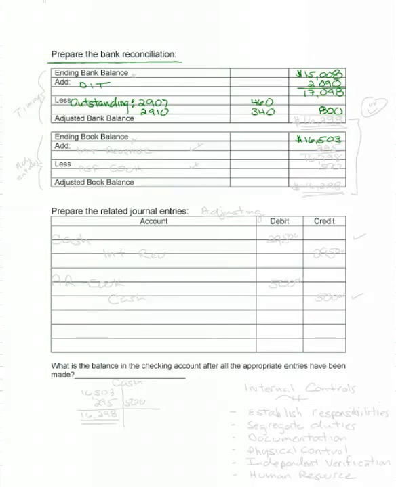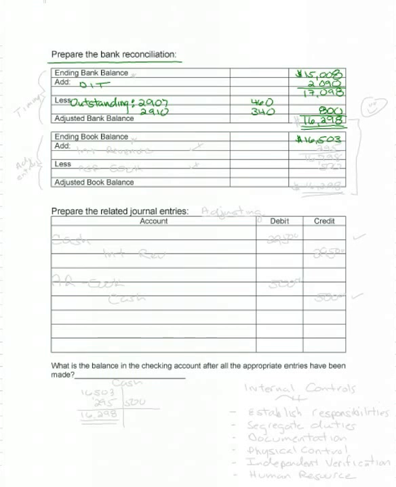The bank also doesn't know about the $800 that you spent that hasn't cleared yet, the deposit or the outstanding check, so we'll subtract those. When we do, we will come up with an ending balance, everything considered, of $16,298 on the bank side.